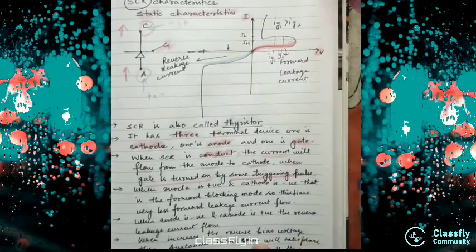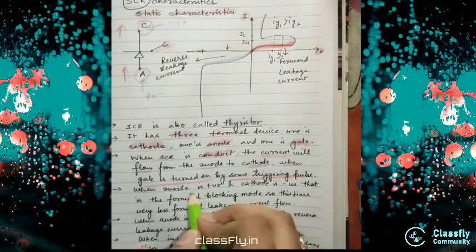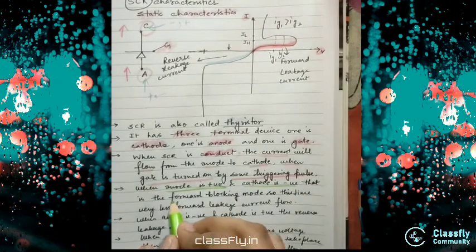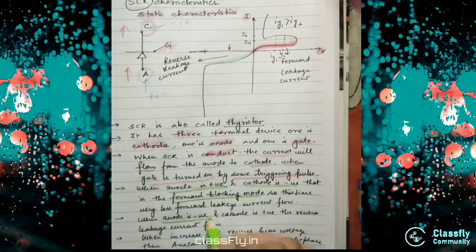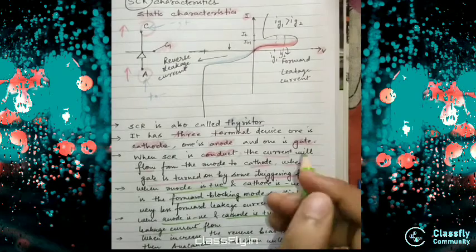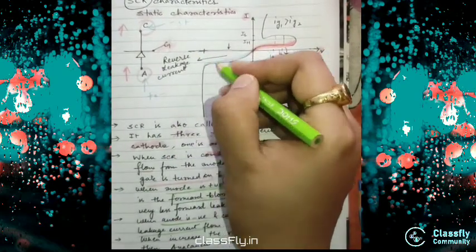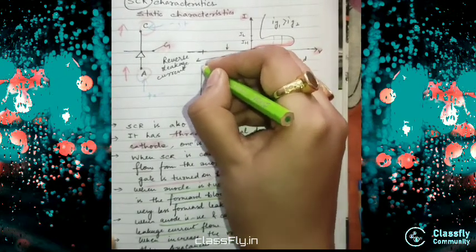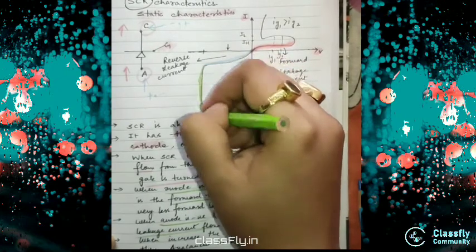Okay, now see, we have done the case where anode is positive and cathode is negative, and forward blocking mode also. Similarly, we have done when anode is negative and cathode is positive, the reverse leakage current flows. Now see, whenever we increase the voltage in the reverse bias mode, or you can say reverse blocking, at that point the Zener effect comes and avalanche breakdown occurs.